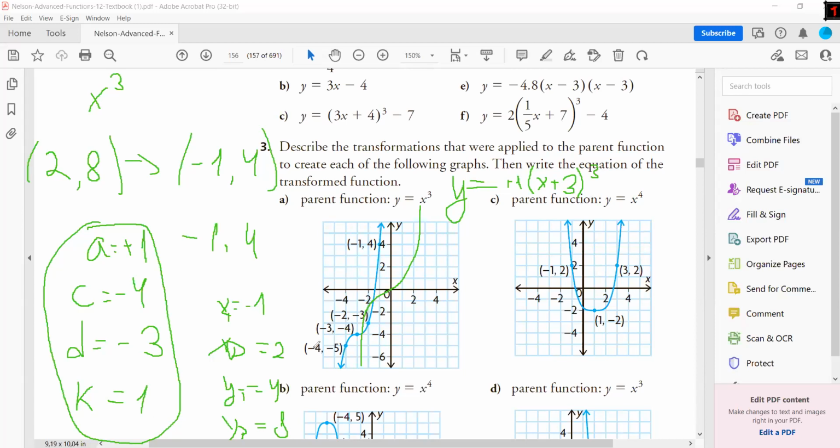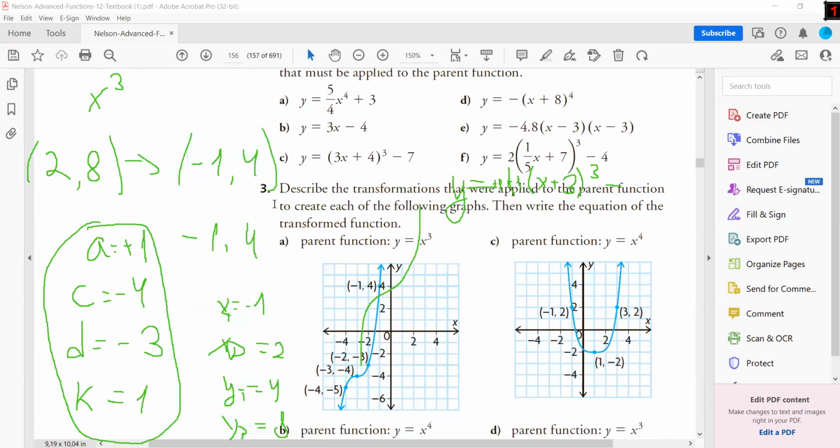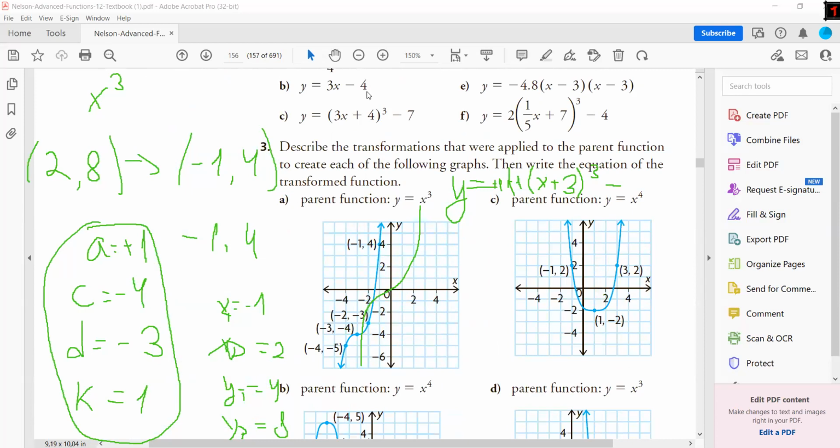K should be equal to 1. We also don't see any vertical mirroring of our graph. So a is a non-negative value. So we're going to have it like this: plus 1 times x plus 3 to the third power, subtract c, or plus c, sorry. The general form is plus c, but in this case c is a negative value, so we get -4.